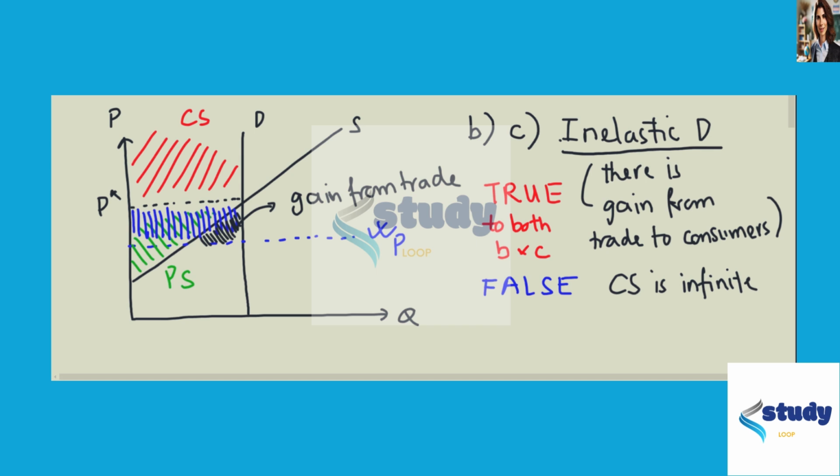There is no change in quantity demanded no matter how prices change. So, an increase or decrease, or adding or subtracting from infinite always results in infinite. Consumer surplus before and after trade is infinite. So actually, there is no change.